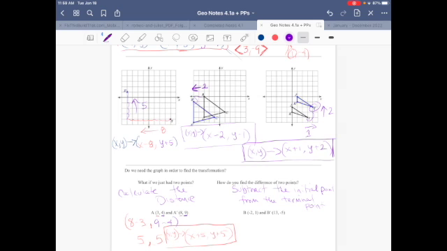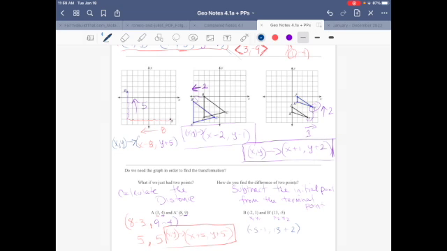Let's try it one more time. We can even say x1, y1, x2, y2, right? And we're going to say, all right, well, y2 minus y1, so negative 5 minus 1. And then 13 minus negative 2. And remember, anytime we've got a minus and a negative, that's the same thing as plus a positive.